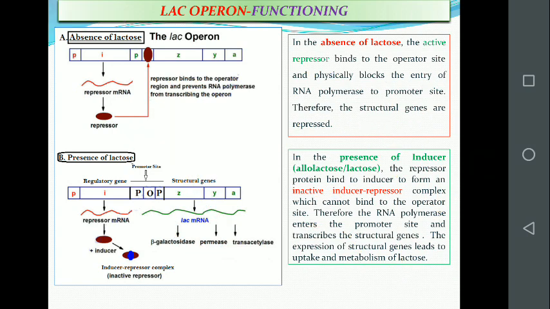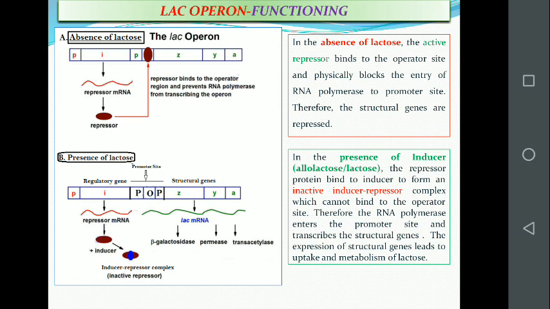Now the polycistronic mRNA is formed, and from it we will get these corresponding protein molecules. In fact, the switching on mechanism will enrich the quantity of these three proteins. So beta galactosidase concentration increases, permease production also increases, and transacetylase production also increases.